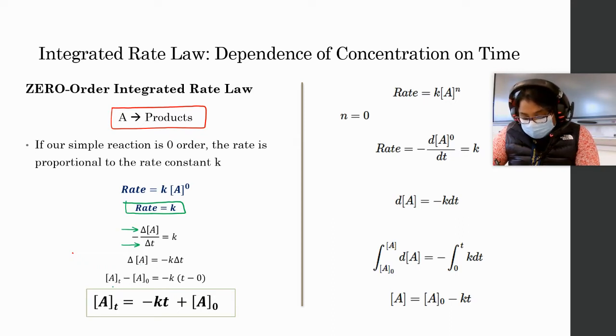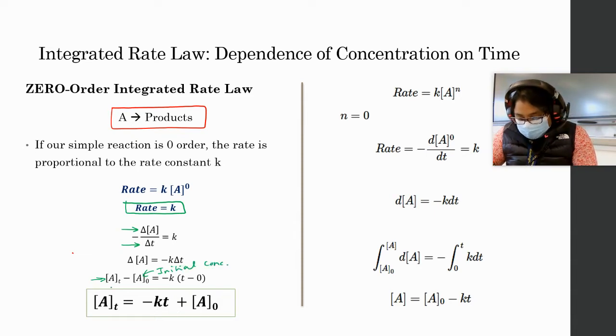It's the difference between the concentration of A at time t, at any given point in the reaction, and the concentration at time 0. Let's say you start the reaction at time 0 and you're 5 minutes into the reaction; the concentration of A at time t is the concentration at 5 minutes. And the concentration of A at time 0 is just the initial concentration.